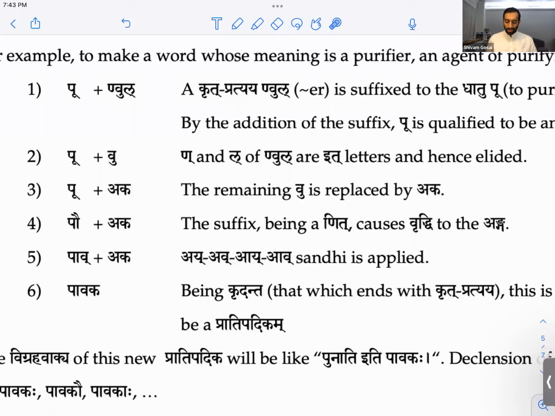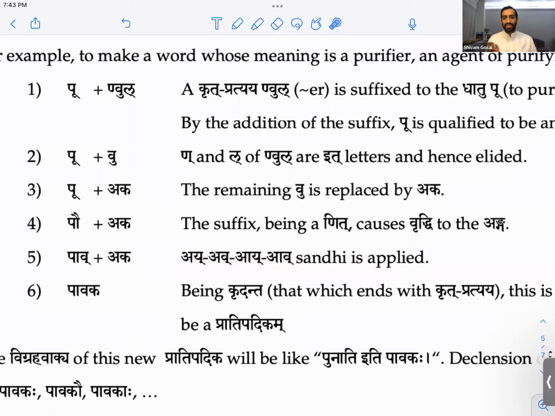Now here we're going to apply the ayavayava sandhi, and we're going to review this in one moment, okay? Ayavayava sandhi is applied, and po becomes pav, and then pav plus aka becomes pavaka.